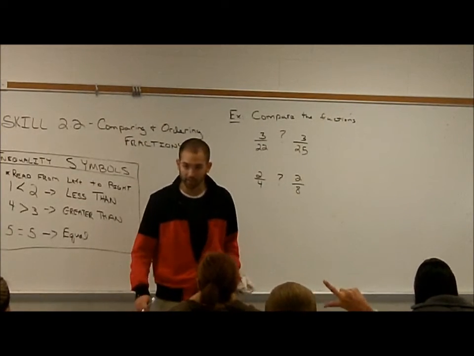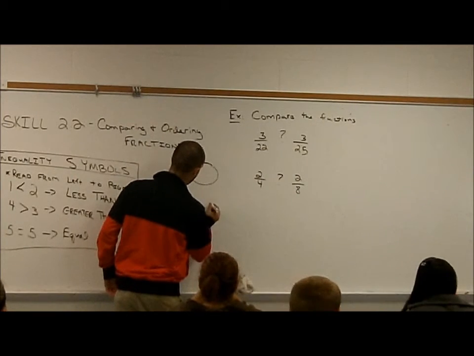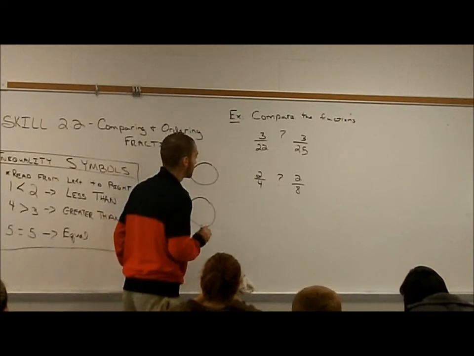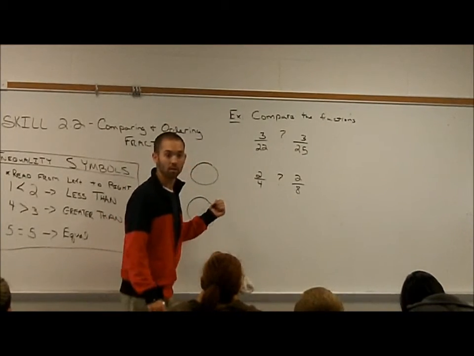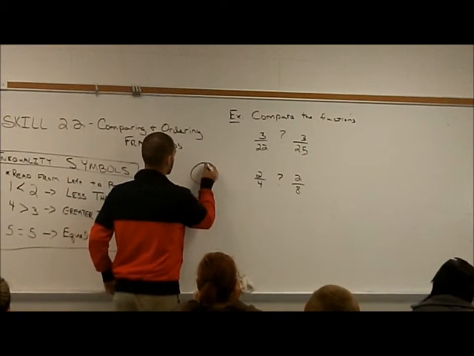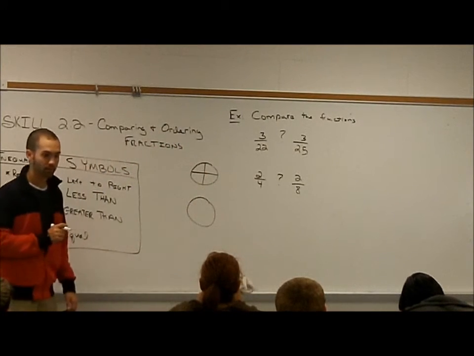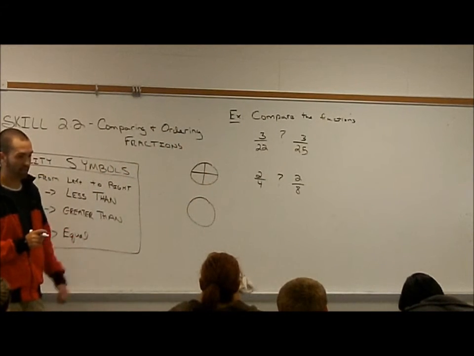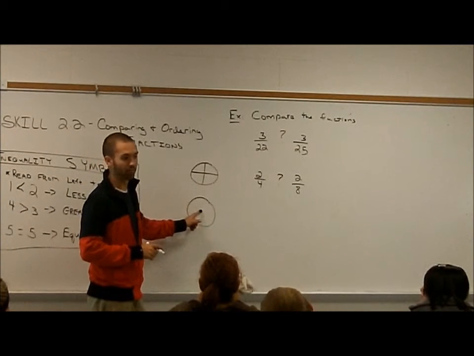Draw a picture, right? That's the pizza. Here's one pizza. 2/8 of that pizza. What do the 4 and the 8 represent for the pizza? How many slices. The total number of slices, right? So this pizza has 4 slices. Is that 4 slices? Yeah. How many slices does this pizza need to have? 8.